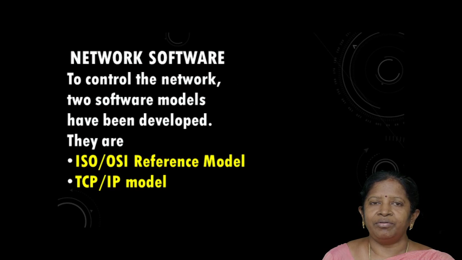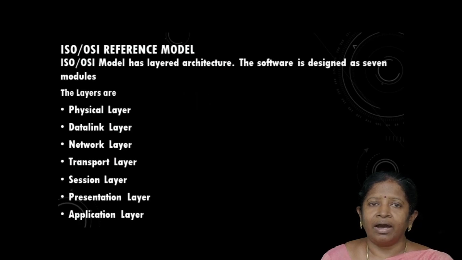To control the computer network, we have two different standards worldwide. The software models, the ISO OSI reference model and the TCP/IP reference model, are used worldwide to control the network. OSI stands for International Standards Organization Open System Interconnection.